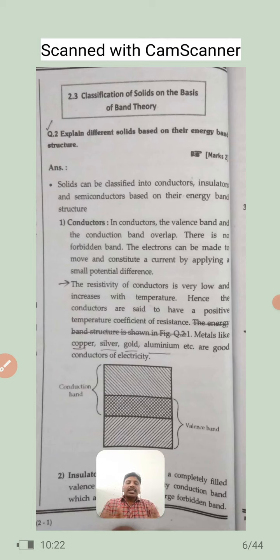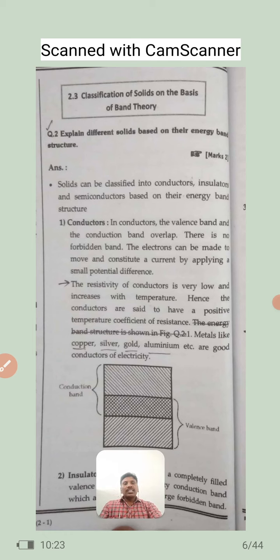Solids are divided into two types based on arrangement: amorphous and crystalline solids. These two categories are based on melting point, or we can say based on arrangement.